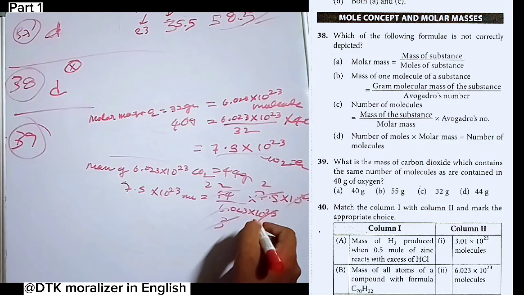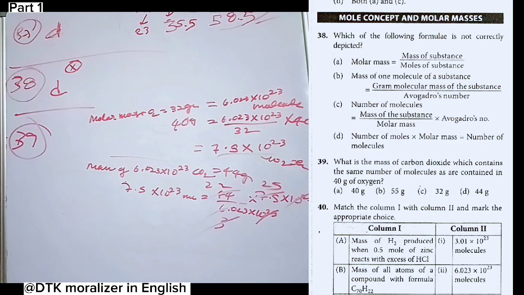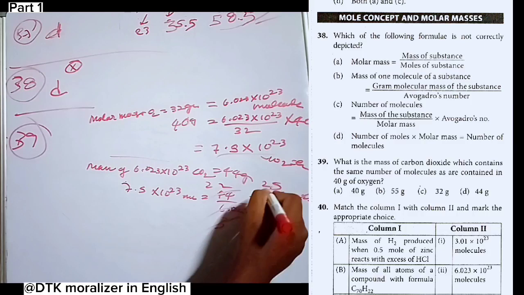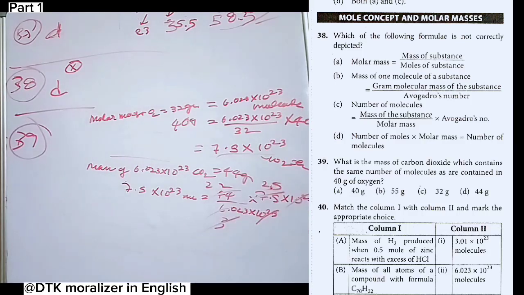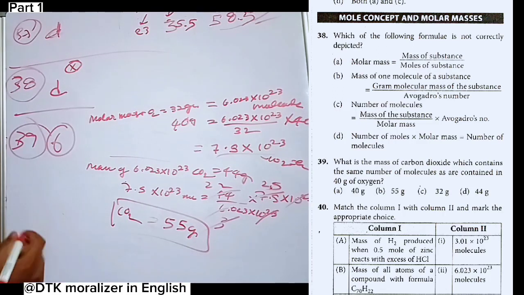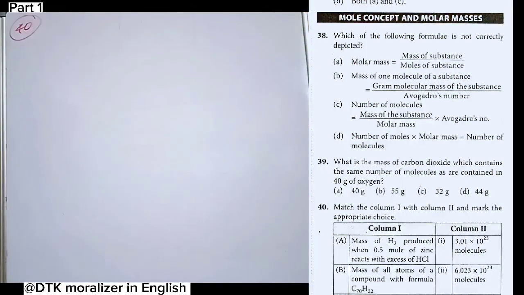So here both are cancelled. When we divide this, the option will be 55 grams of CO2. So option B would be right.